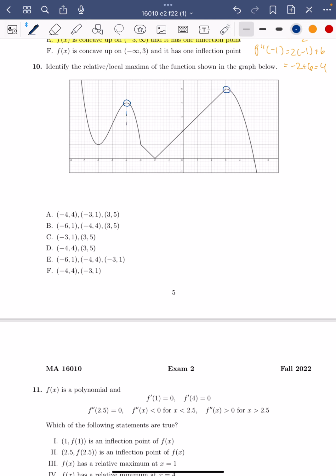If we draw lines from the points, we can see where the points are more clearly. We can see that this left point is at -4 and 4, and this right point is at 3 and 5. When we look at the answers, that gives us, looks like D.